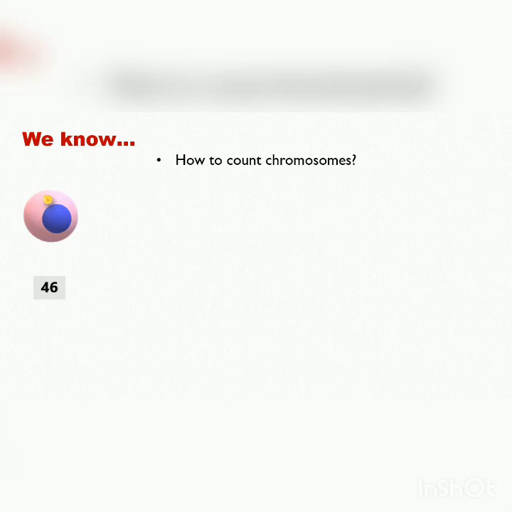So how to count a chromosome? Now this is a somatic cell. It contains 46 chromosomes and these chromosomes are not visible individually in the cell under normal conditions since they are not in their condensed form. But for our illustration, we are showing it like this: each chromosome has one centromere and two arms, not sister chromatids.